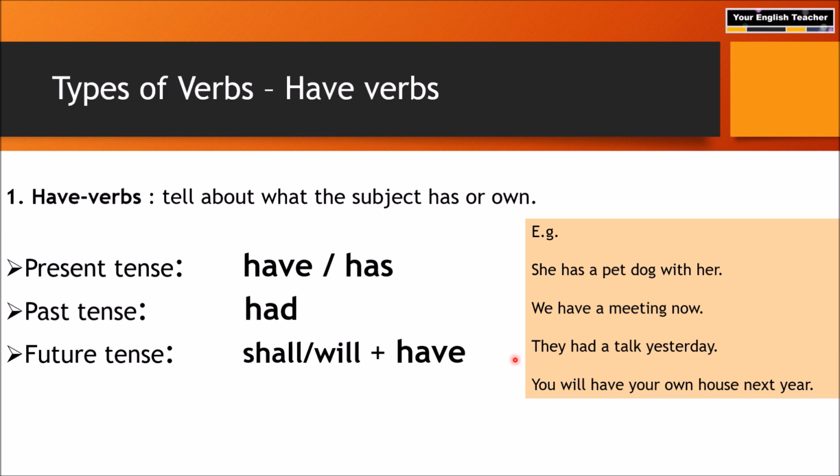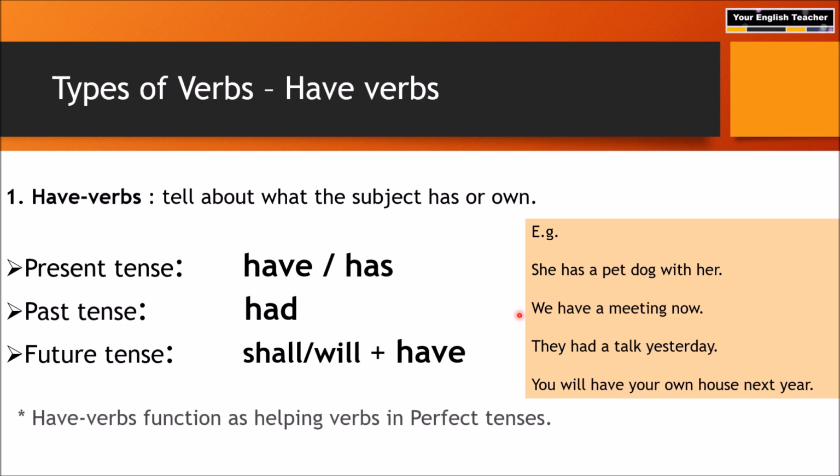And possession, you will have your own house next year. This is future. And these have verbs appear as helping verbs in all the three perfect tenses: present perfect, past perfect, and future perfect tense.